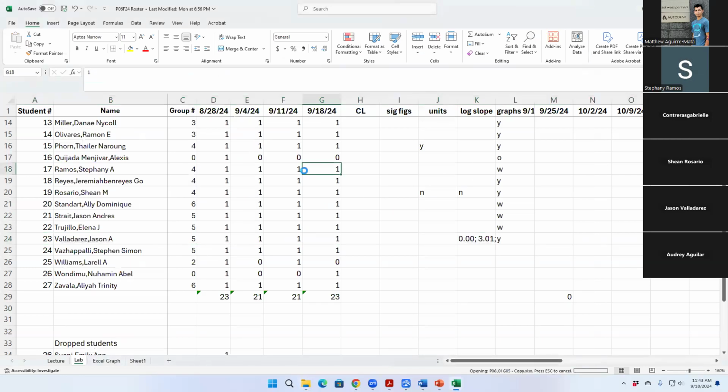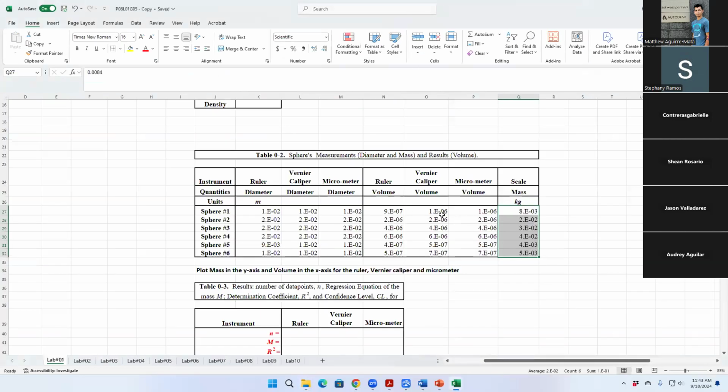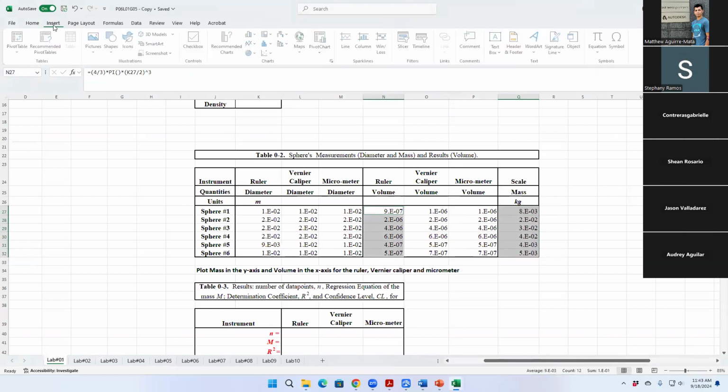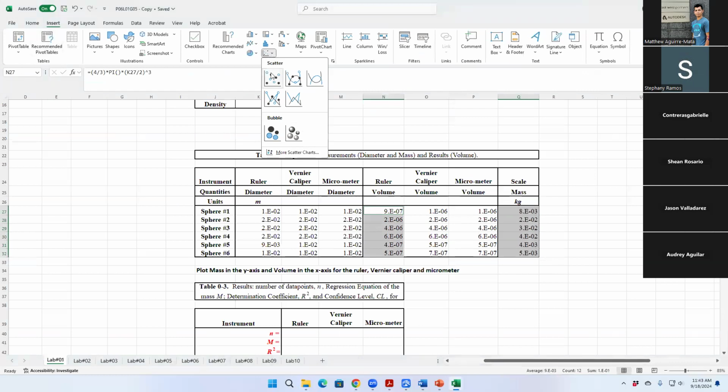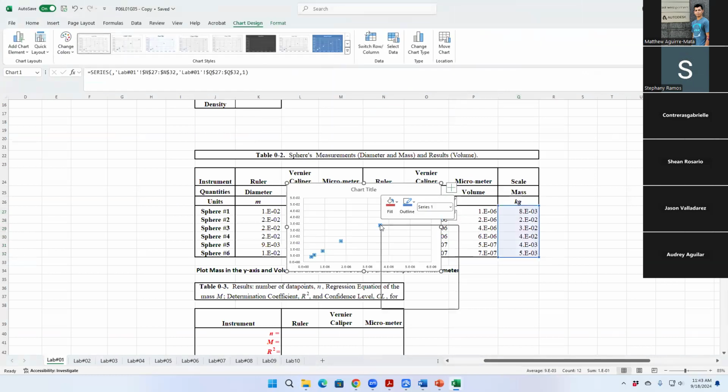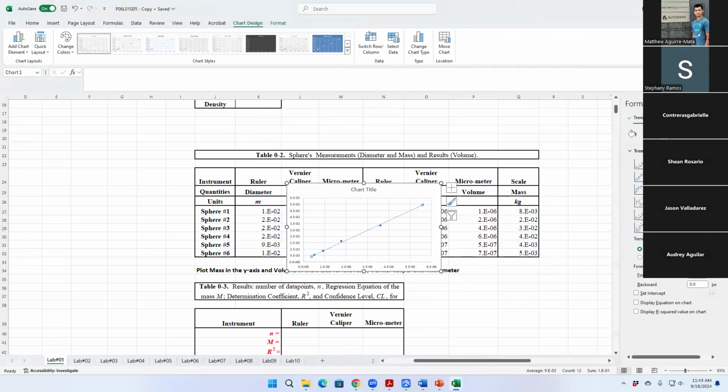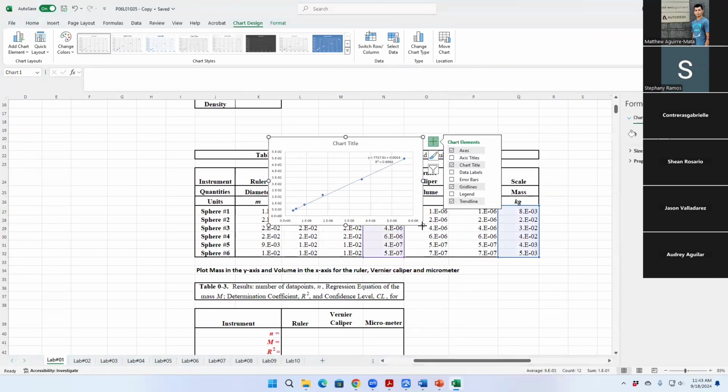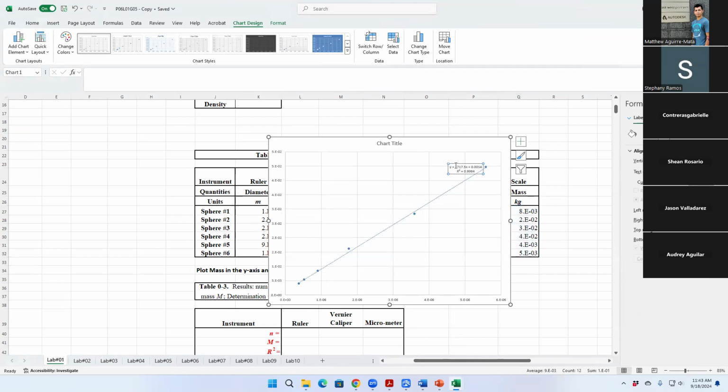Okay. All I need to do is to plot mass and volume for the ruler. Let's see. And add trend line, display. Did you get 7717 for the slope, Jason? Yeah, I got 7717.5.